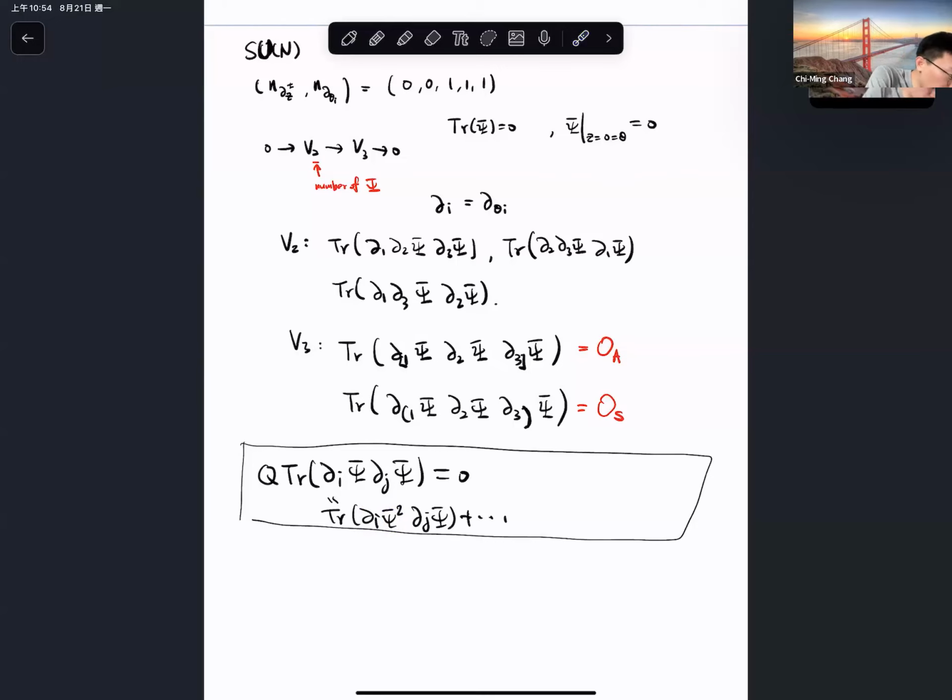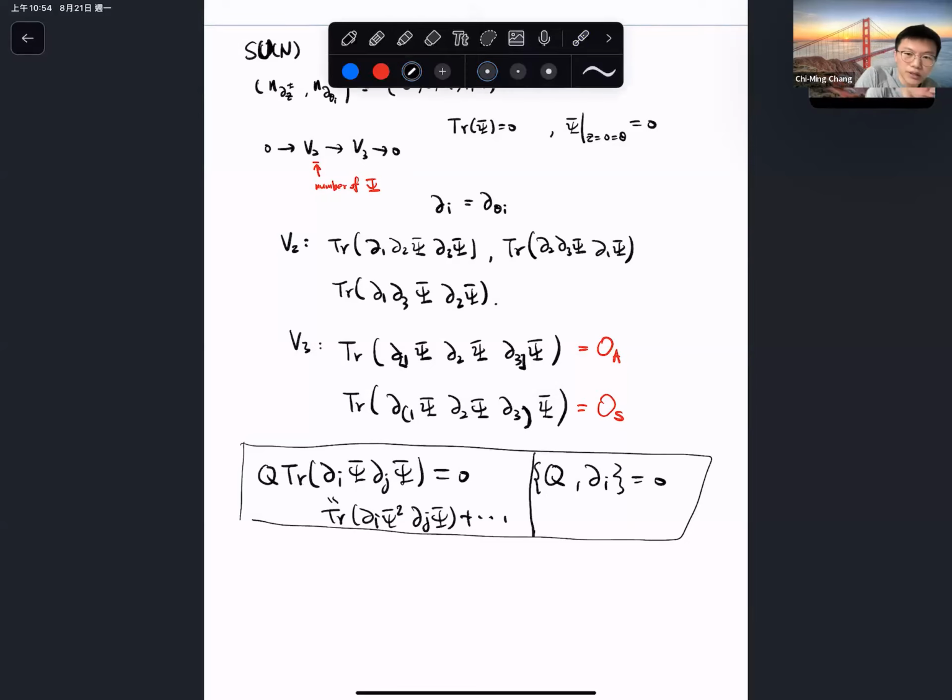And by knowing this, we also know that Q anti-commutes with partial I. I mean, that is just obvious because Q acting on psi just becomes psi squared, and it obviously anti-commutes with partial I. And knowing this too, we know that in V2 we have the Q closed guys.